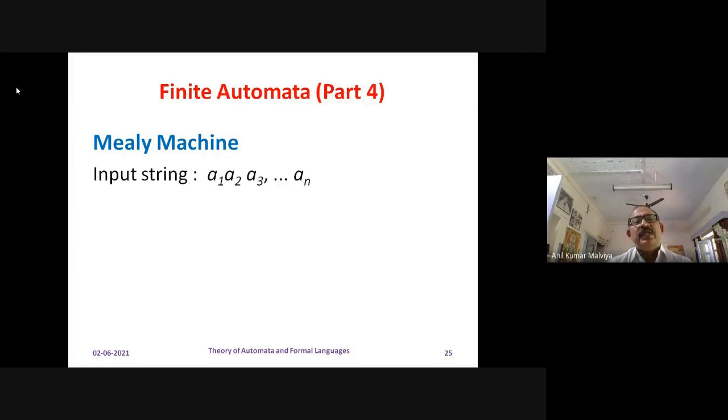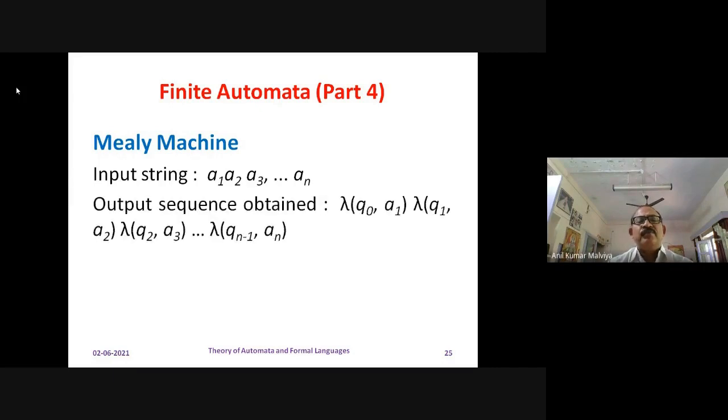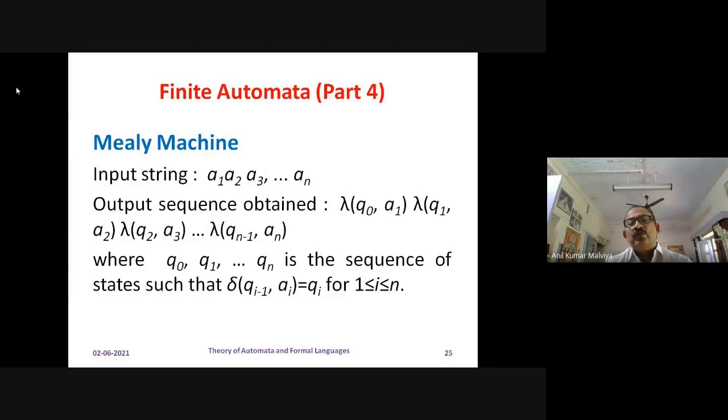Now, when we feed the input string A1, A2, A3 to An, the machine gives the output lambda(Q0, A1), lambda(Q1, A2), lambda(Q2, A3) to lambda(Qn minus 1, An), where Q0, Q1 to Qn is a sequence of states such that delta(Qi minus 1, Ai) is equal to Qi, where i varies between 1 and n.